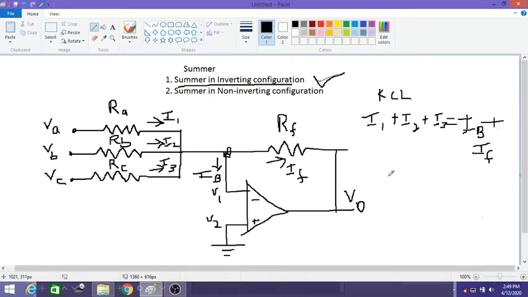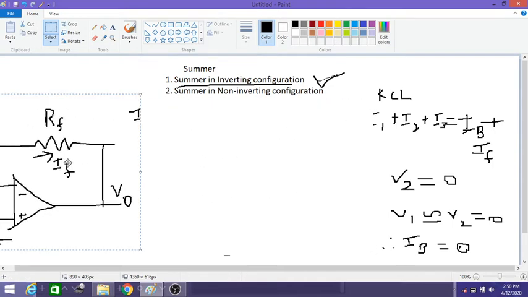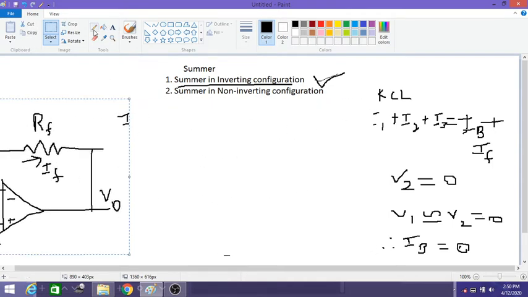Due to the virtual ground concept, we know that V2 is equal to 0, due to which V1 is approximately equal to V2, therefore V1 is equal to 0, and IB is also equal to 0. Okay, I'll move this circuit to the corner so that we can do our analysis at any point of time.